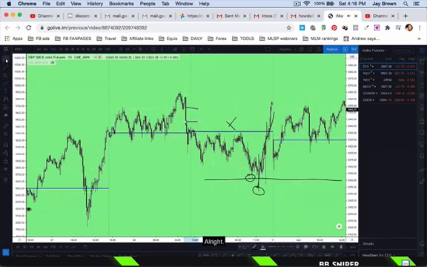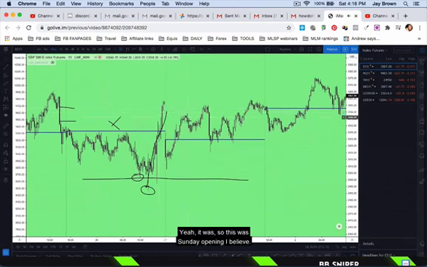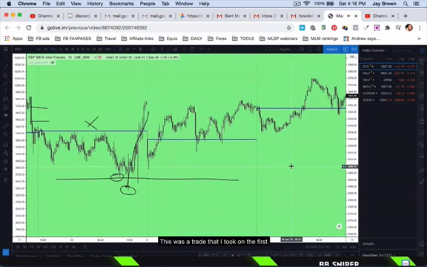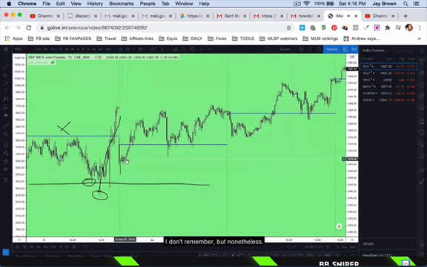All right, moving forward. And that was probably a Friday as well. Yeah, it was. So this was Sunday opening, and I believe this was a trade that I took on the 1st. I don't remember, but nonetheless. Okay, Sunday gapped. Price came back almost to the gap fill. It didn't fill here.